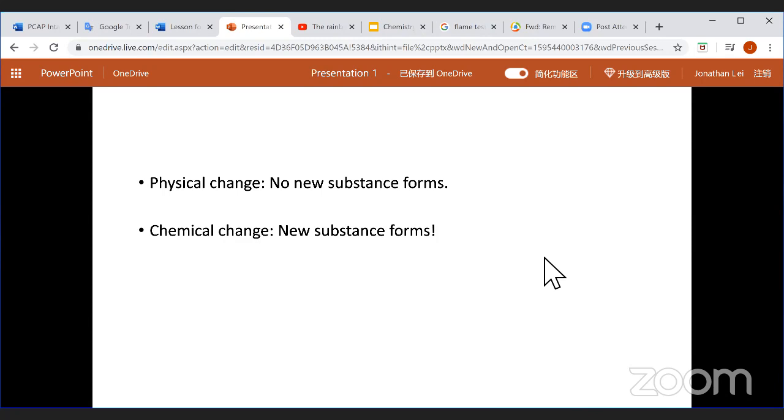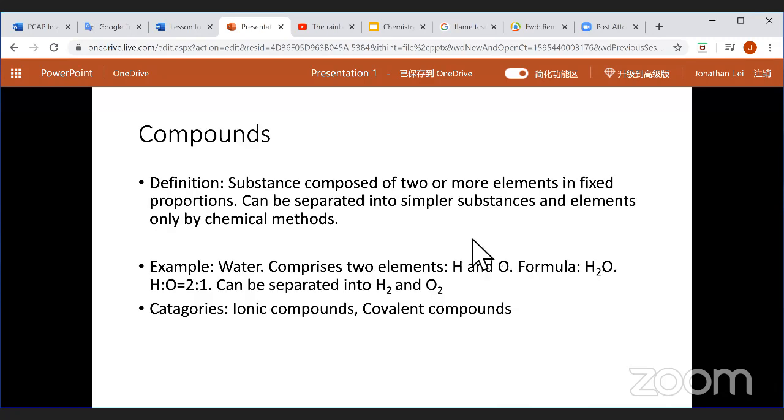Okay, so let's move on to compounds. The definition of compounds is substance composed of two or more elements in fixed proportions, which can be separated into simpler substances and elements only by chemical methods. For example, water. Water comprises two elements, hydrogen and oxygen. The formula is H2O, which means the ratio of hydrogen to oxygen is 2 to 1.